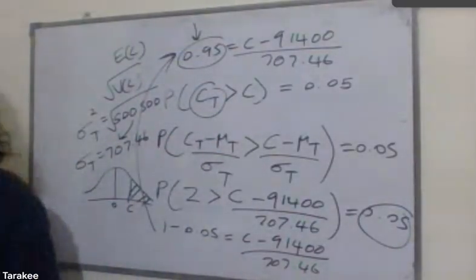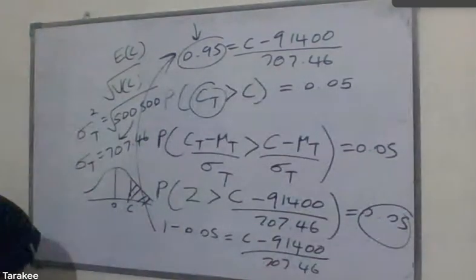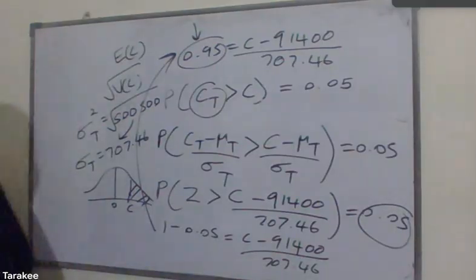So in the table, 0.95 says... how do I explain this one?